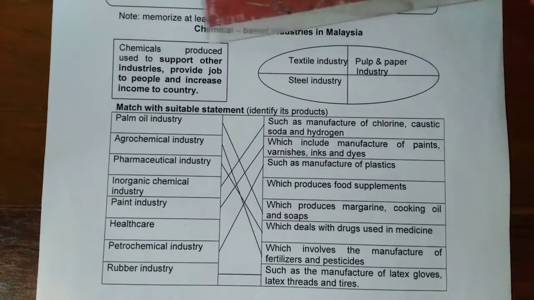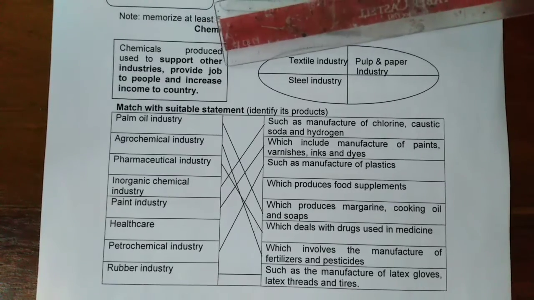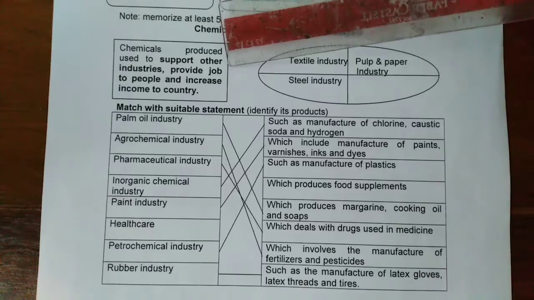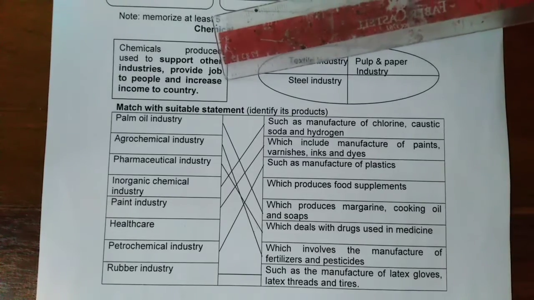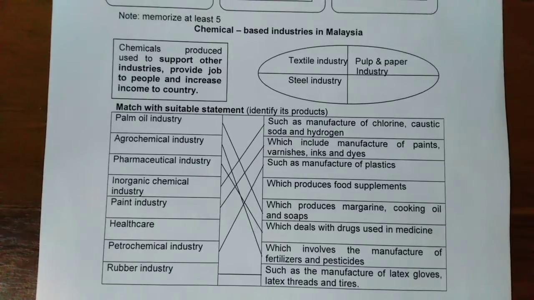Number 1, the chemicals produced are used to support other industries, and number 2, provide jobs to our people. Number 3, increase income to our country. And maybe the last one you can say is to improve the health of people.